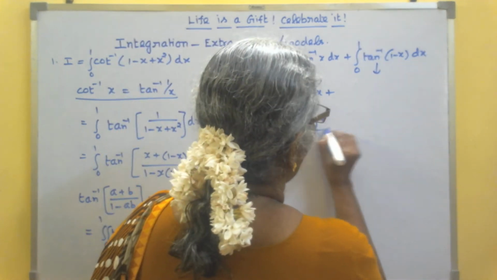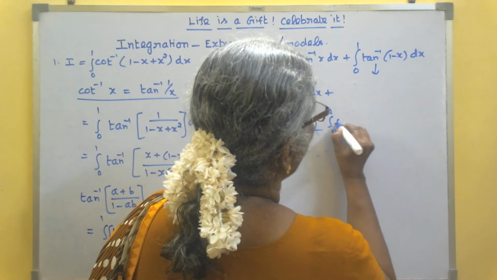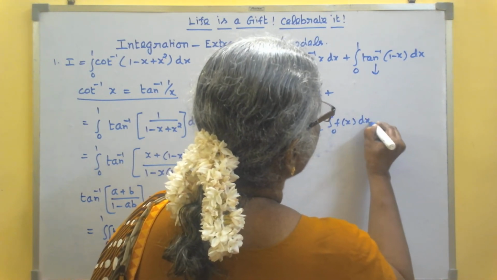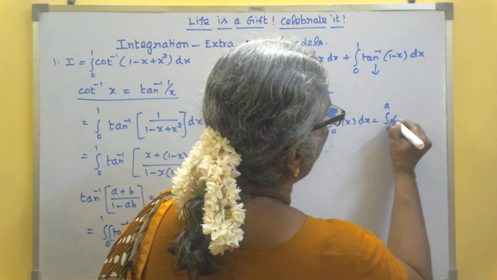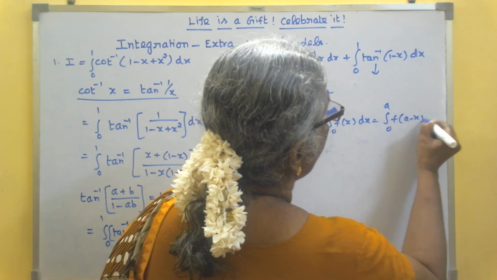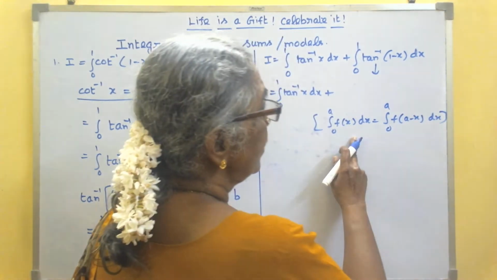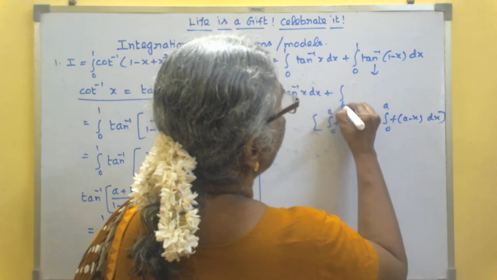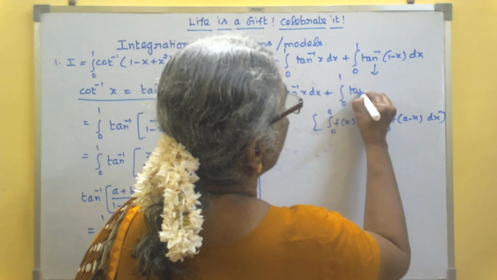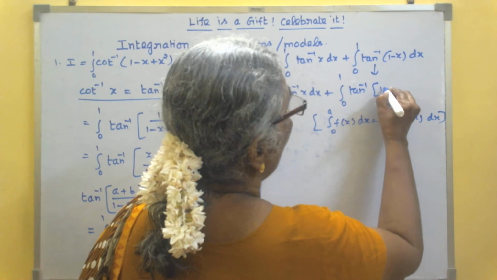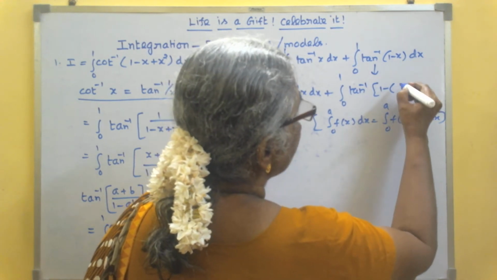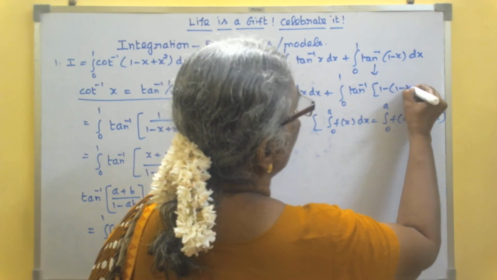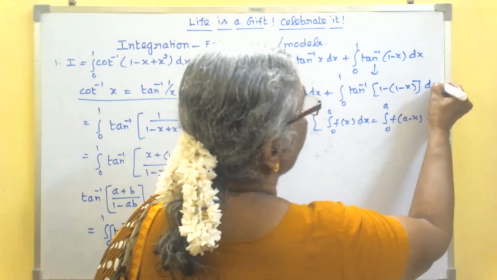I will write within bracket integral 0 to a f of x dx is equal to integral 0 to a f of a minus x dx. Using this property, I will get here 0 to 1 tan inverse 1 minus, in the place of x, I will get 1 minus x dx.